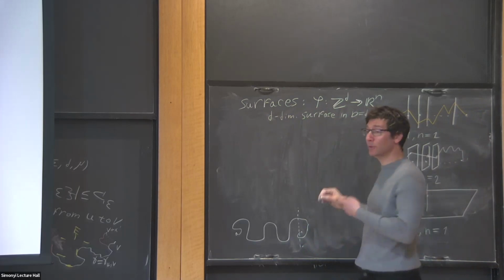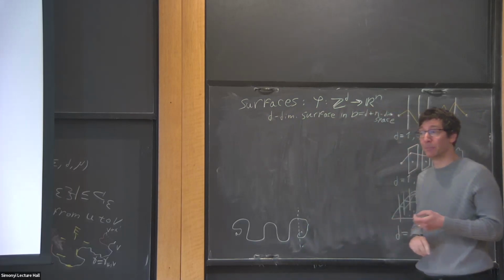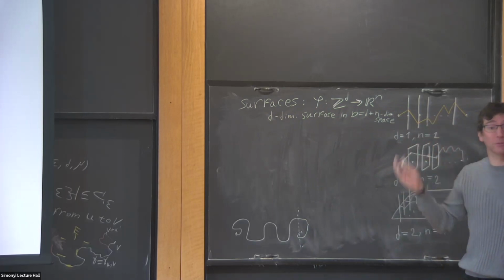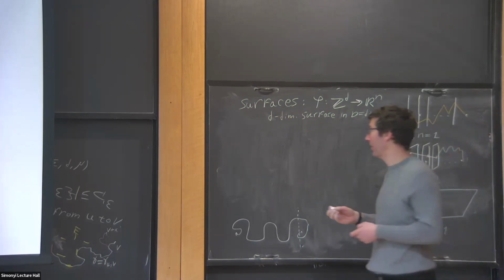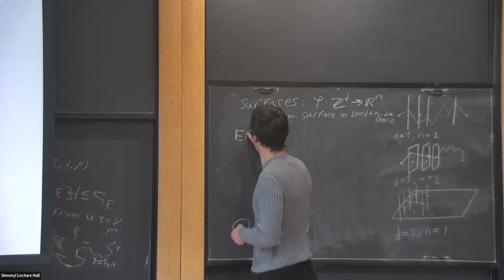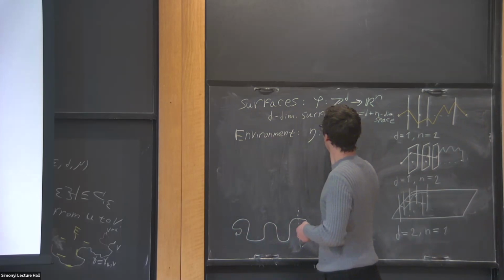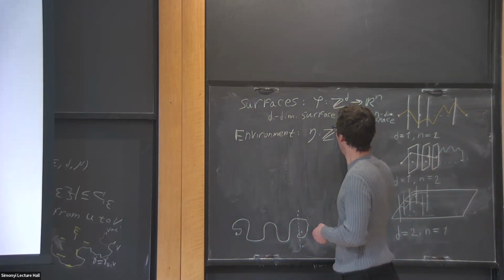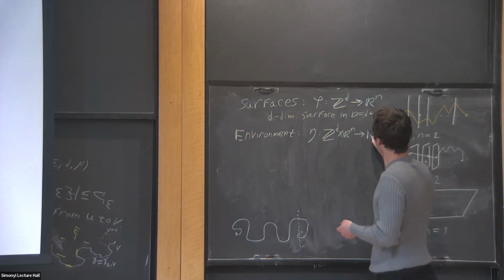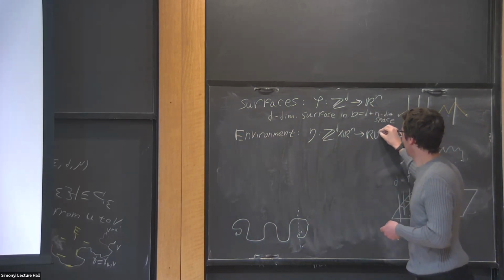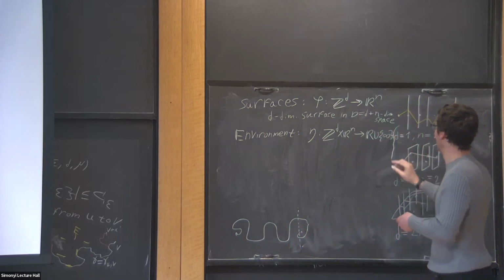Okay, now I need to introduce the environment, because all this should be done in a random environment. What is the environment? The environment is a general function eta from Z^d times R^n, usually to R. It's convenient sometimes to allow infinity, so maybe R union infinity.